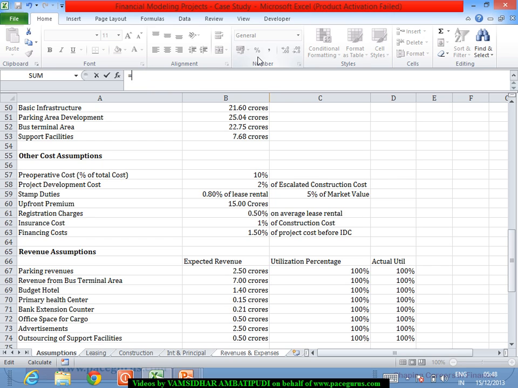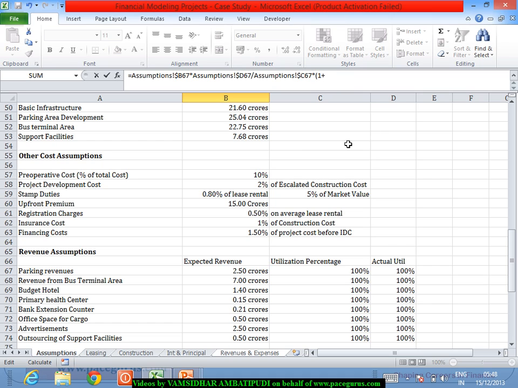We can, the calculation wise, all we are saying is the parking revenue. Okay, the parking revenue, I'll put a dollar here, multiplied by the actual utilization, I'll put a dollar here, and divided by the utilization percentage, I'll put a dollar here. But this I can increment it by revenues, we'll make one general formula instead of putting so many ifs.